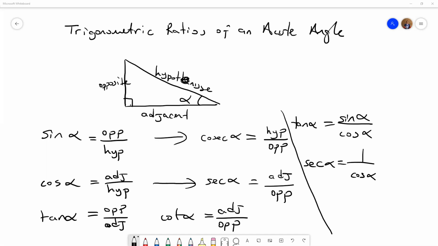By the way, I think I made a mistake here. I think this one is not true. So the true one is hypotenuse over adjacent, and this one is equal to 1 over cosine alpha. Yeah, we have to know these ones.